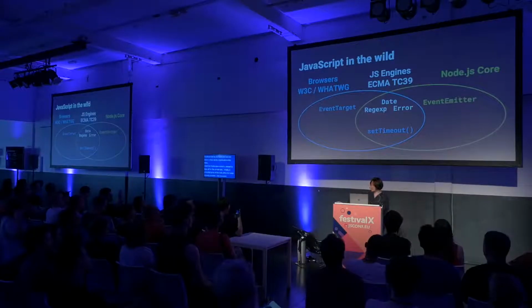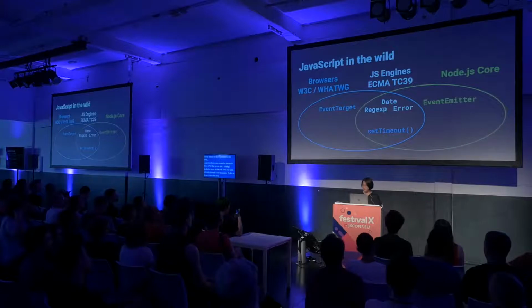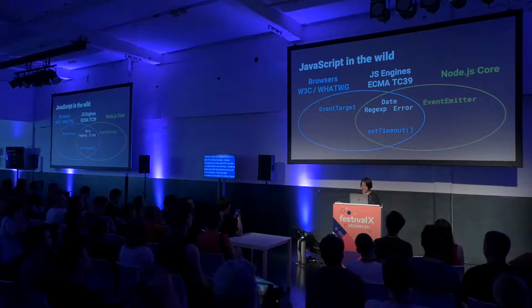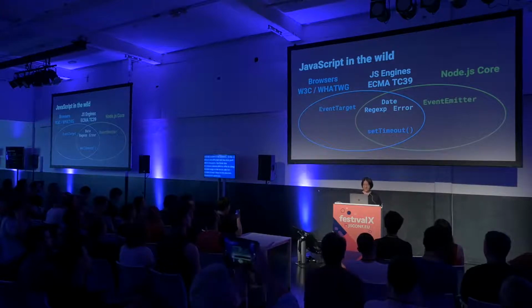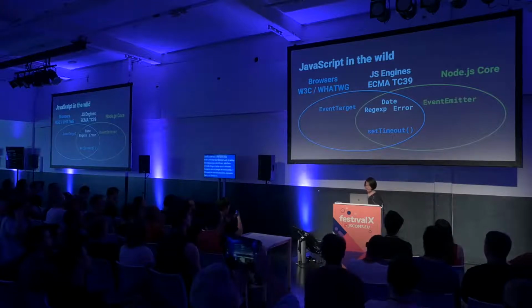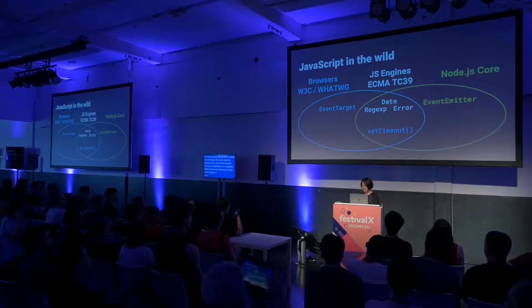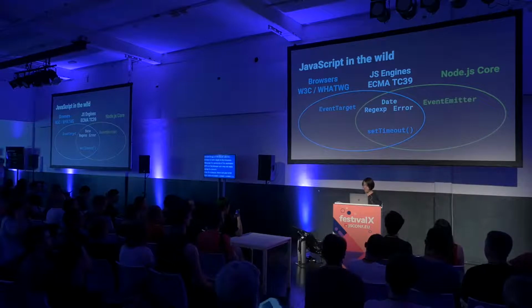But Node also introduced several different APIs for doing certain things on the server side, like EventEmitter instead of EventTarget in the browsers, because the semantics of the equivalent APIs on the browser side may not totally make sense for servers. For example, there isn't a DOM tree in this execution context for events to bubble through on the server side. So it does not really make sense to implement part of the EventTarget specification in Node.